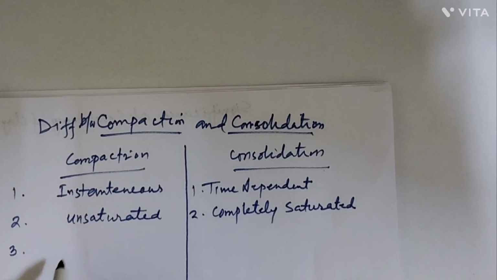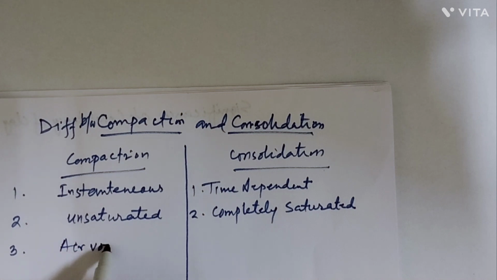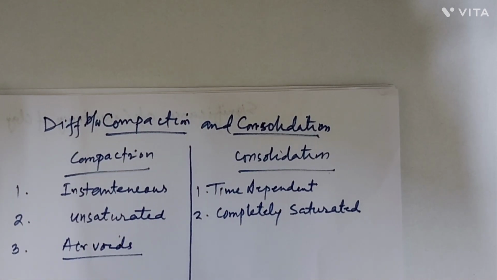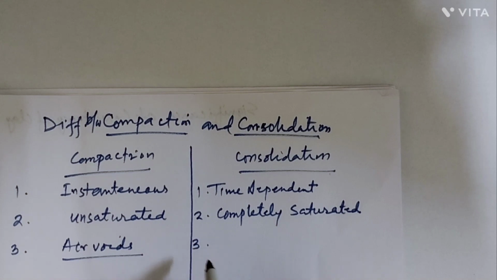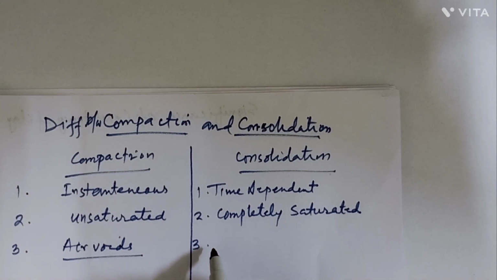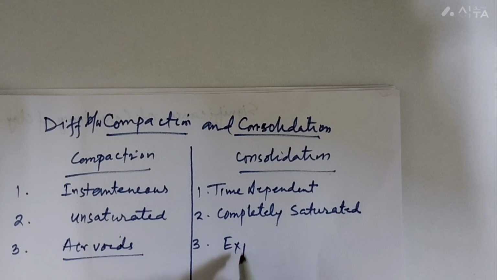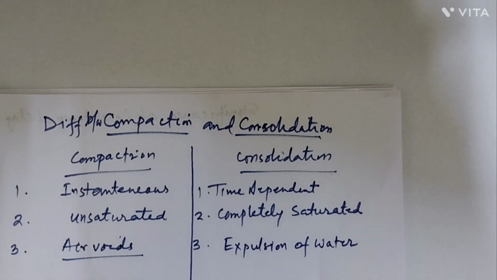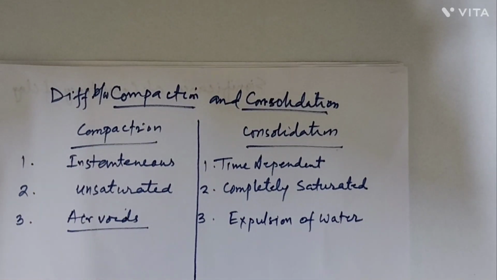Compaction densification is due to a reduction in the volume of air voids at a given water content. But in consolidation, volume reduction is due to expulsion of water from the voids.